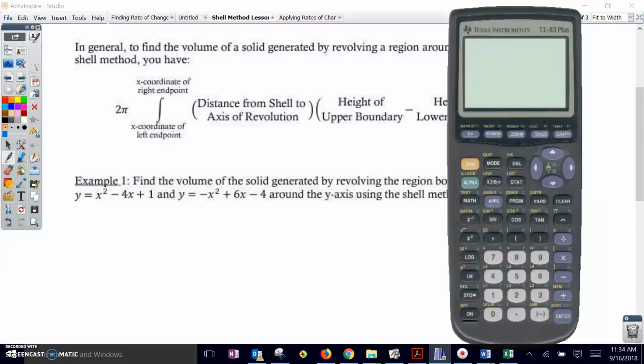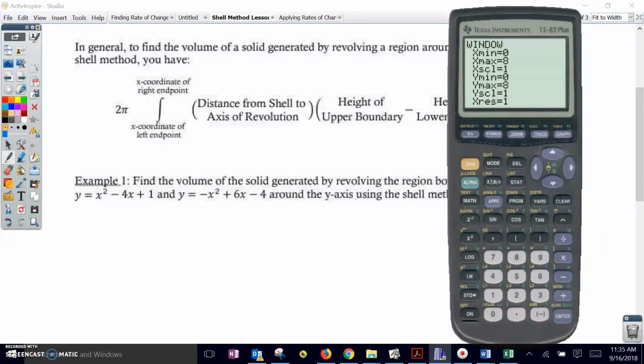In this first example, we're going to use the shell method to find the volume of a solid generated by revolving these two curves around the y-axis. So we've got y equals x squared minus 4x plus 1, and y equals negative x squared plus 6x minus 4. So those are our two curves.